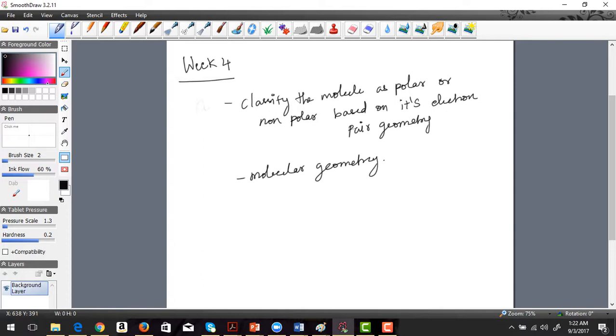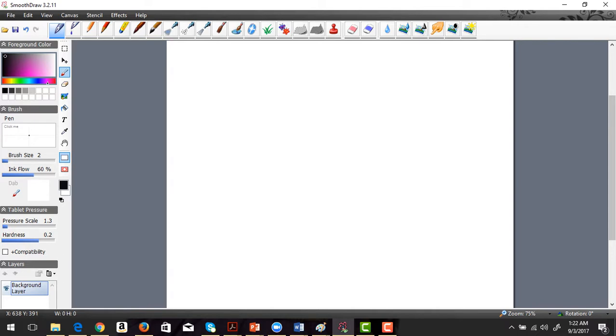All right, let's get a couple of molecules to help really understand what we're talking about here. Because this concept is very long, this particular concept will be split into 2 or 3 videos. And as I said, we classify the molecules based on their electron pair geometry, and that's where the VSEPR model comes in.